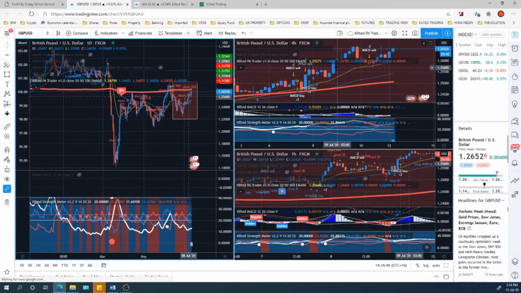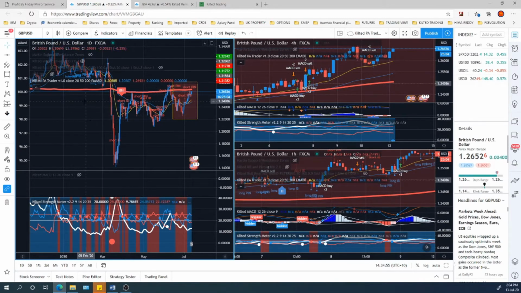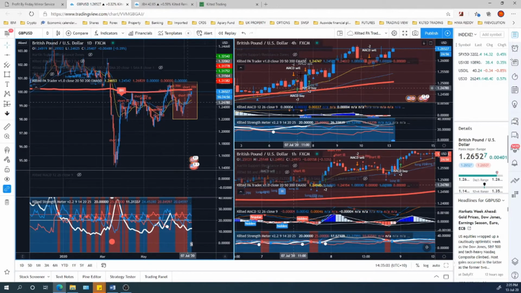If you're going to take your signals off your 4-hour chart, you definitely want to have the daily chart here for direction. We always talk about the bigger picture, so we've got the daily for direction. If you're getting signals based on your 4-hour, you then drop down to your 1-hour to take your entry position, a smaller time frame for pinpointing a good entry point.